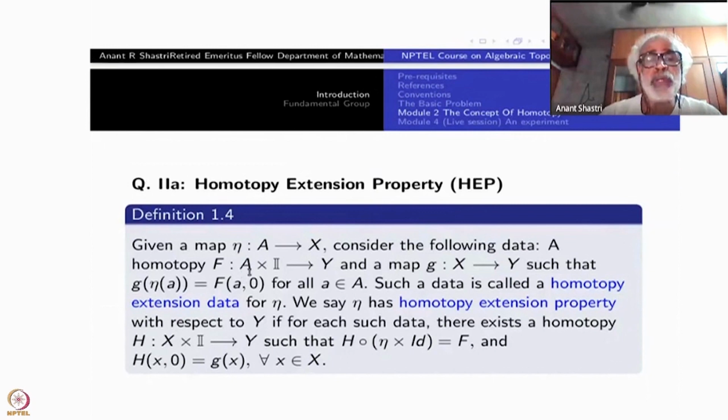There is a homotopy F from A cross I to Y and a map G from X to Y such that G composite η is the starting point of this homotopy, f(a,0) for all a in A. Such a data is called a homotopy extension data.